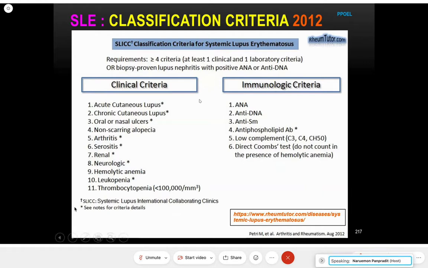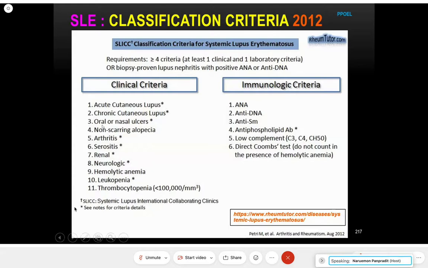This is an example of the 2012 criteria, because the criteria will be updated every so often, I think. This is the previously commonly used criteria. That means it requires 4 or more criteria. If the patient has at least 4, then we can call the patient SLE.